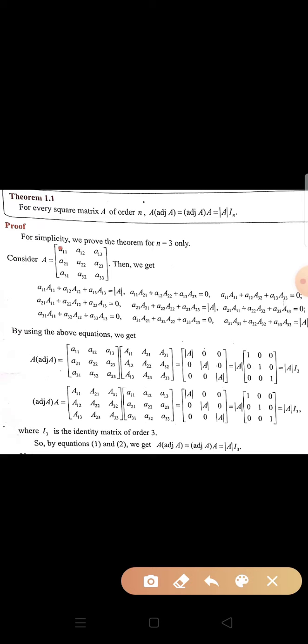Now we take the first row elements and the cofactors of the second row, that is a11 A21, a12 A22, a13 A23. This answer will be 0, as we already know.